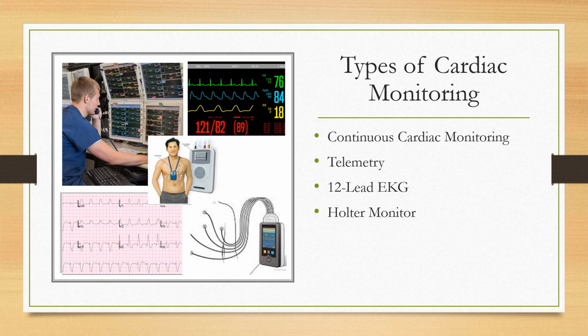Holter monitor. Well, a Holter monitor is usually a device that someone wears for 24 to 48 hours. Sometimes patients can wear Holter monitors for weeks, and it's monitoring every beat, and we're looking for abnormal rhythms: too fast, too slow, irregular.